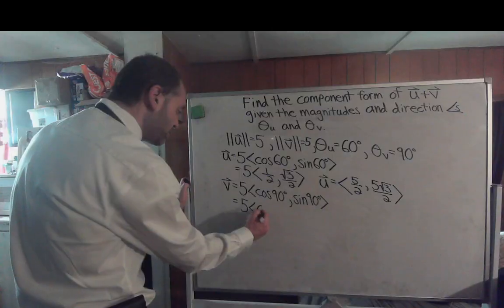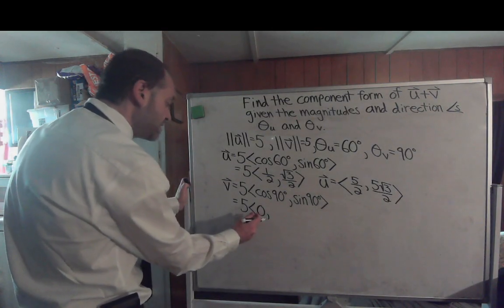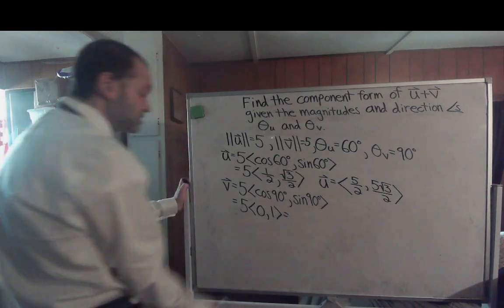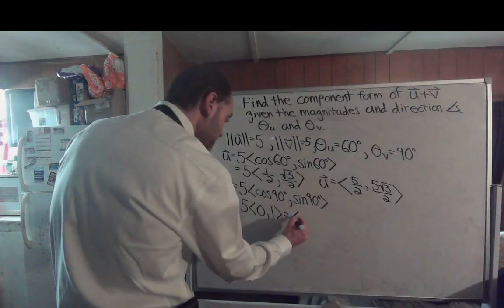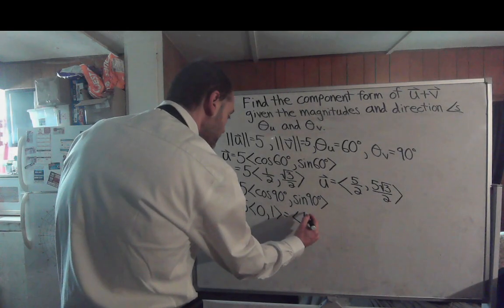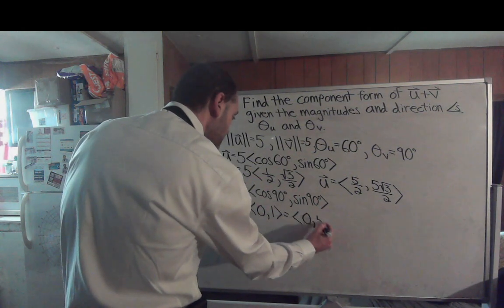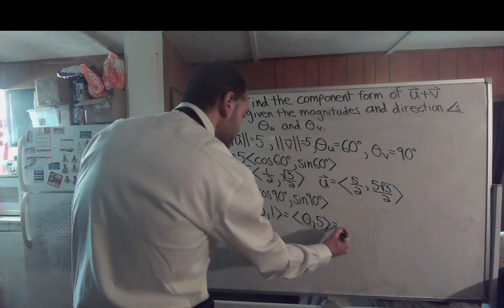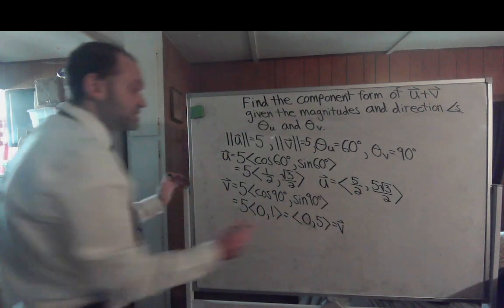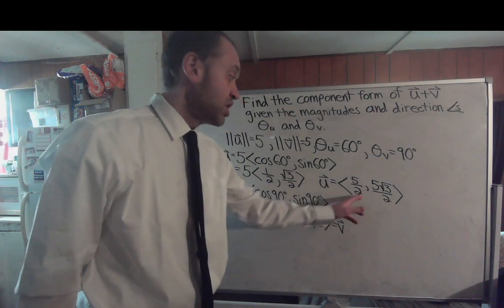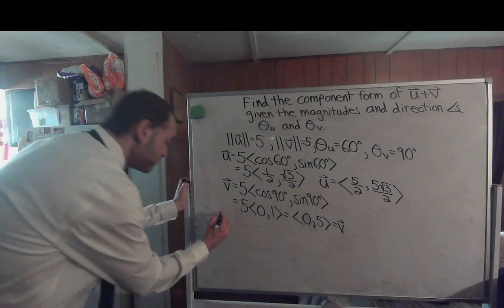That's just 0. And then the sine of 90 is 1. So this would end up being 0, 5, which equals vector v. Now we found the component form of both vectors. All we got to do is take them and add them.